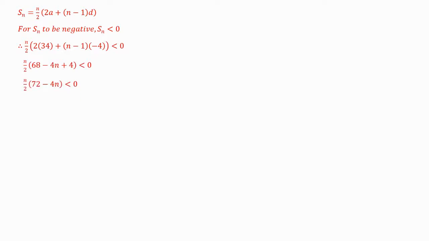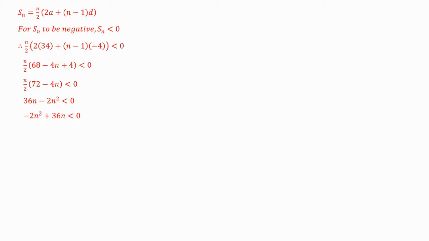And n over 2 into 72 minus 4n is less than 0. We open the bracket, we have 36n minus 2n squared is less than 0. This can be written as -2n squared plus 36n is less than 0.